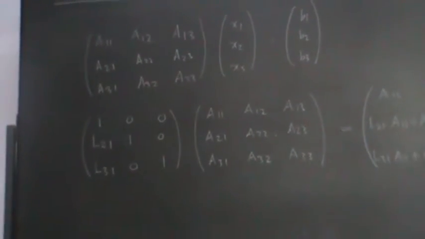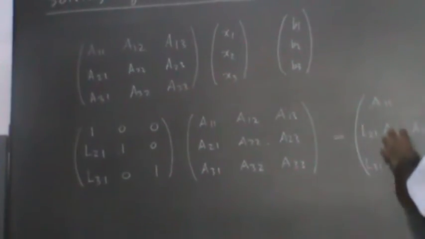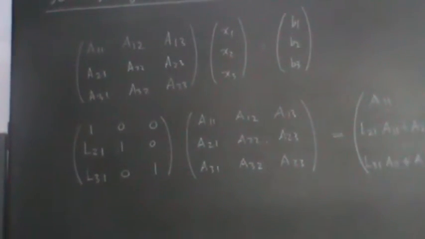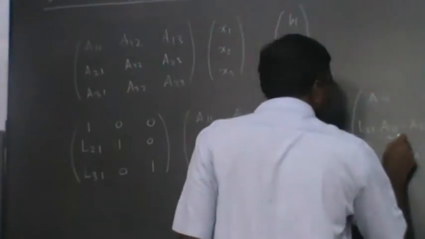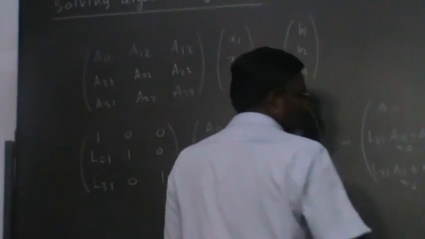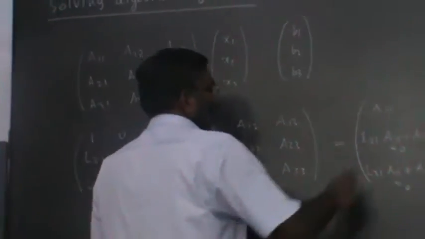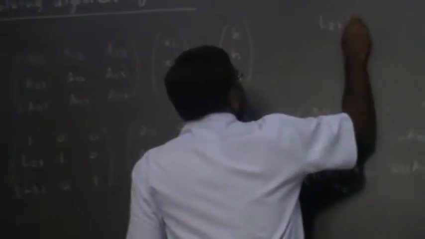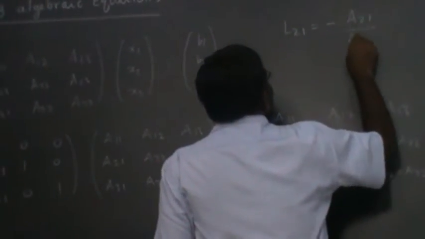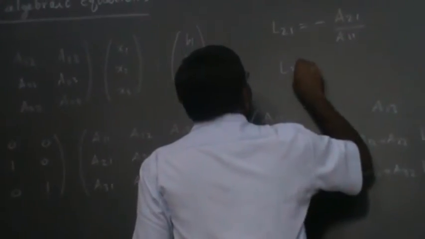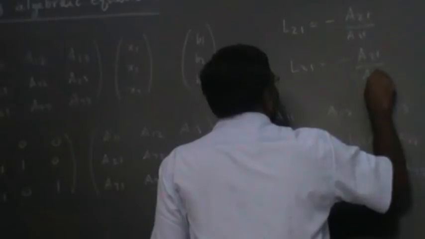Now I choose my L21 and L31 such that in this matrix these two are 0. That means I want this to be 0, and I want this to be 0. So I can choose L21 equal to minus A21 divided by A11, and L31 equal to minus A31 divided by A11.